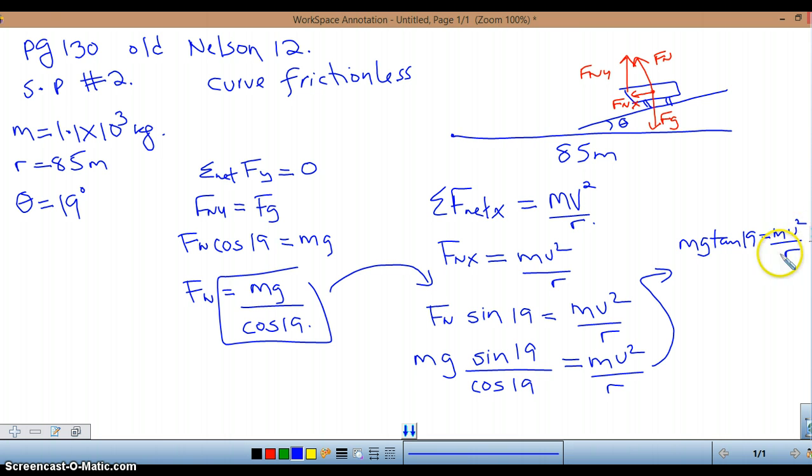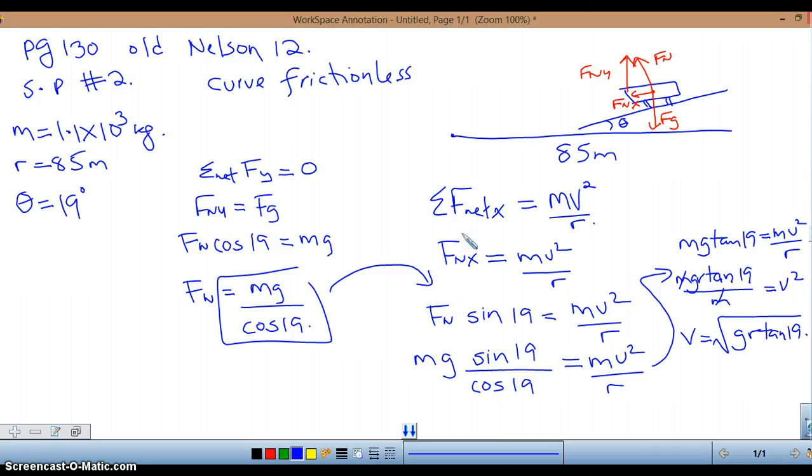If we're solving for velocity, which is what we are, this becomes mgr tan 19 divided by m, which equals v squared. The m and the m cancel out, and you are left with v equals the square root of gr tan 19. Now as I told you before, the expectation is that you are able to prove this on a test rather than just go straight to this formula.